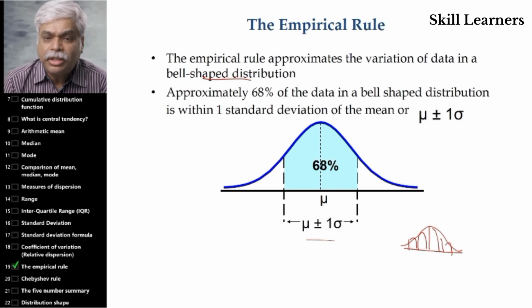So therefore, what is 1 standard deviation? Plus minus 1 standard deviation around the average contains 68% of the data. What's standard about that?